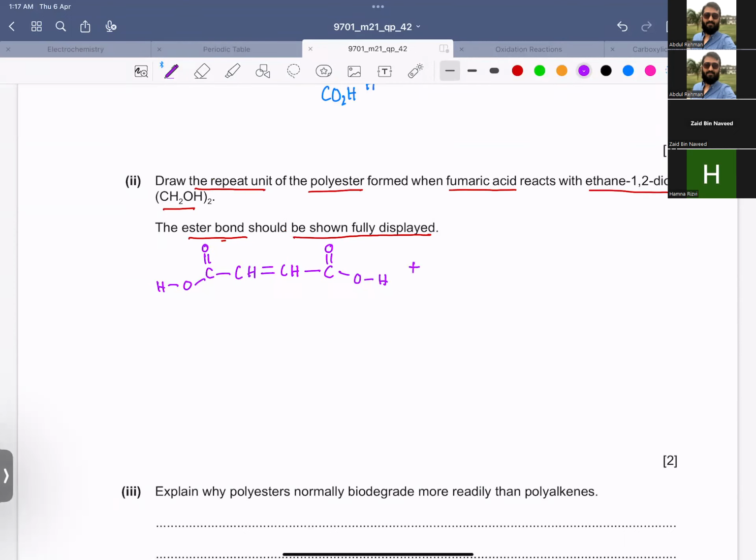And then we have ethane 1,2 diol, which means, okay, let me do this.